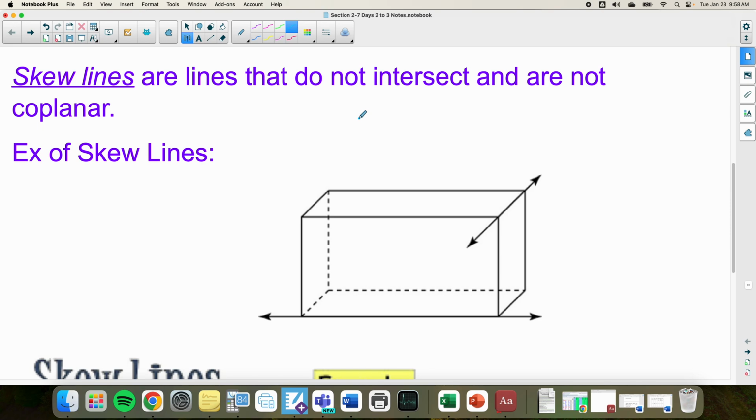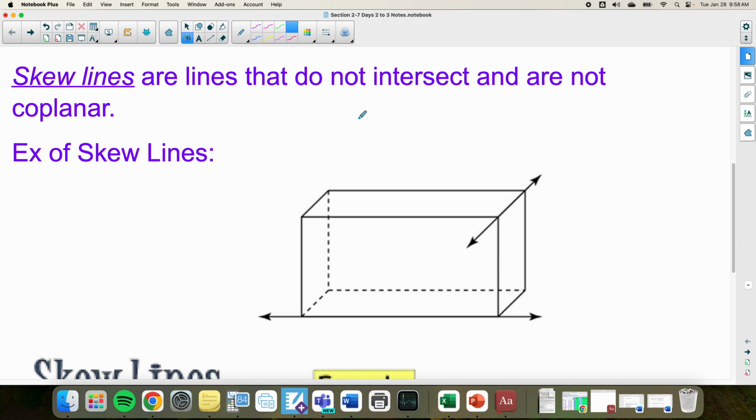So if you think of this line up here along the ceiling and the front wall being horizontal and going left and right, and then back in that corner, you think of a vertical line going up and down, that vertical line and this horizontal line are never going to touch, and there's no way that I could draw a plane that would go horizontally through this and then turn and go vertically through that.